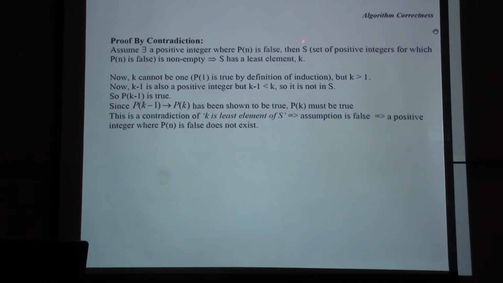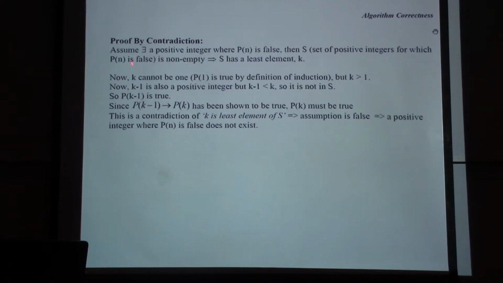Now, S is a set of positive integers for which P of n is false. And if there exists a positive integer for which P of n is false, then S is not empty, because it contains at least that one value for which P of n is false. So therefore, S, which is a set of non-negative integers, has a least element, k. And that element is the first value for which P of n is false. So we're saying P of k is false. That's the smallest element. Now, are you with me?